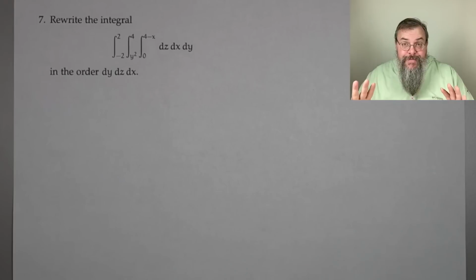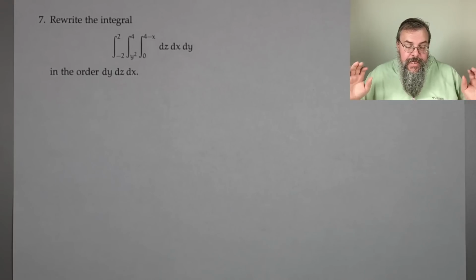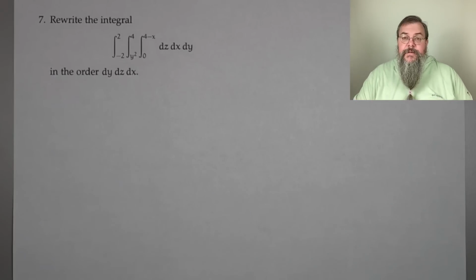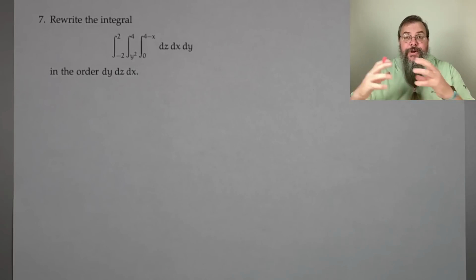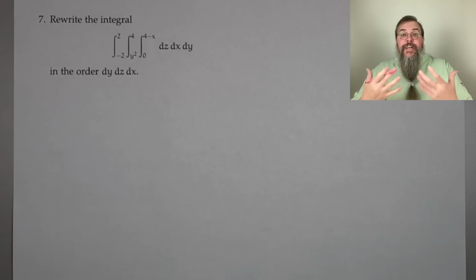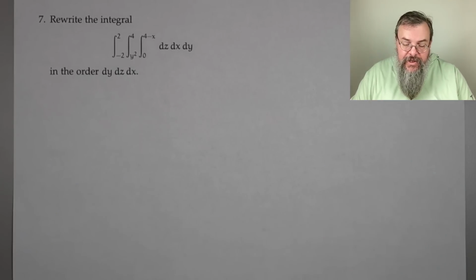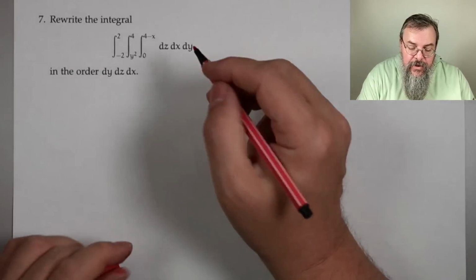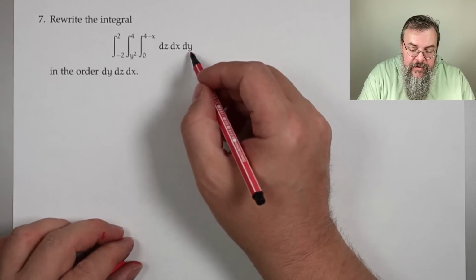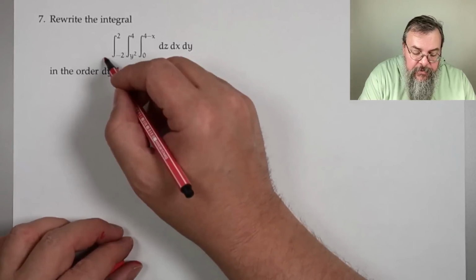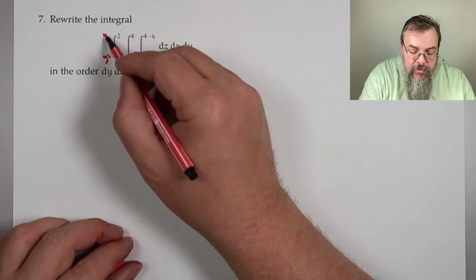Okay, so let's begin. Getting our existing bounds is actually not too bad, because the existing description is encoded into the integral. So notice here our outer layer is a y, and so that says we're going from y equals -2 to y equals 2.